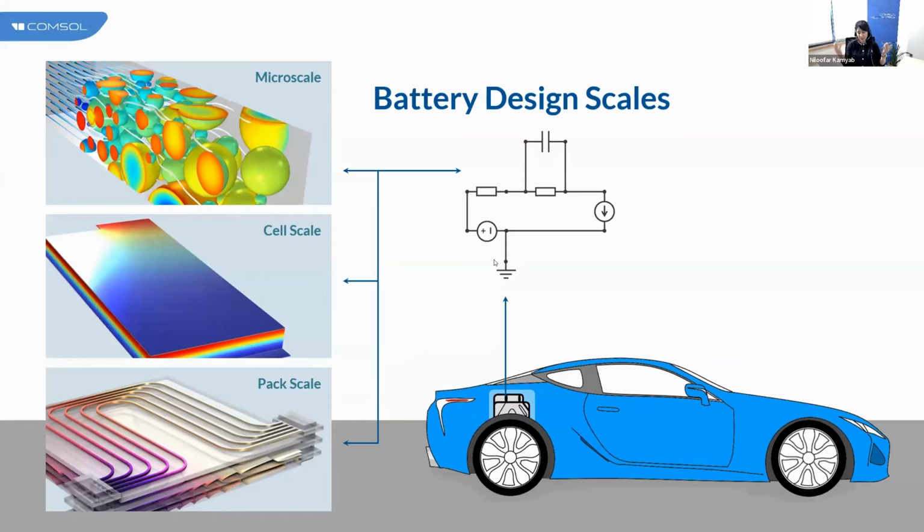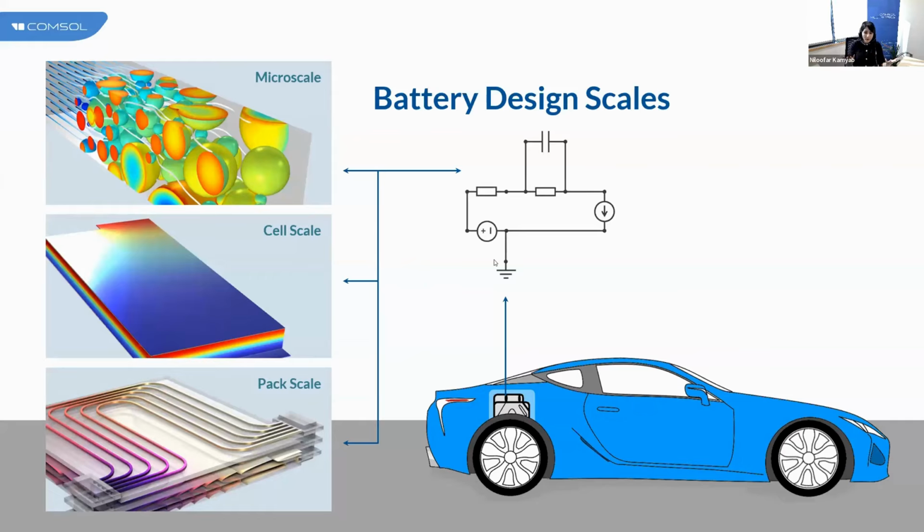What we see on the slide is a pouch cell, but it can be any type of cell, and we see how the cell behaves under different conditions and responds to variations in material properties or geometric dimensions. Or we group a number of cells together to form battery packs and modules that eventually sit, in this case, in an electric vehicle, and get integrated with other components in the electric vehicle.